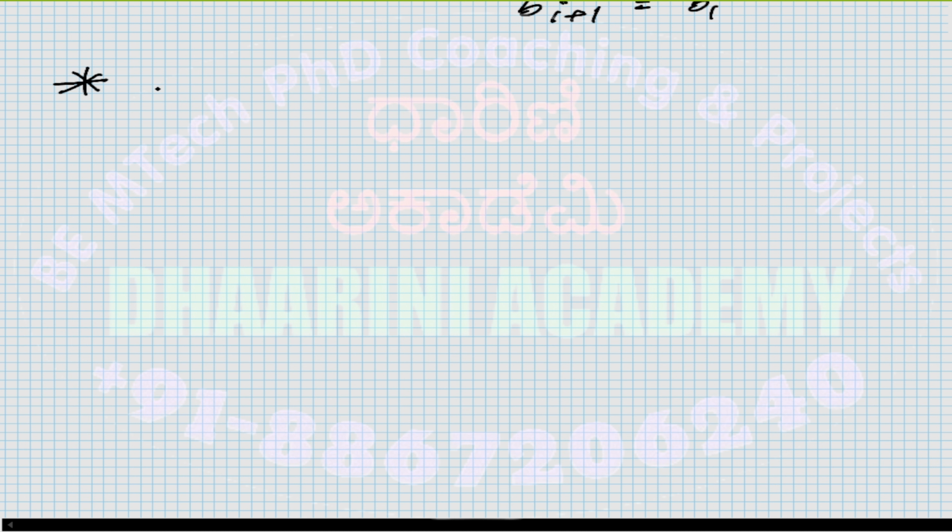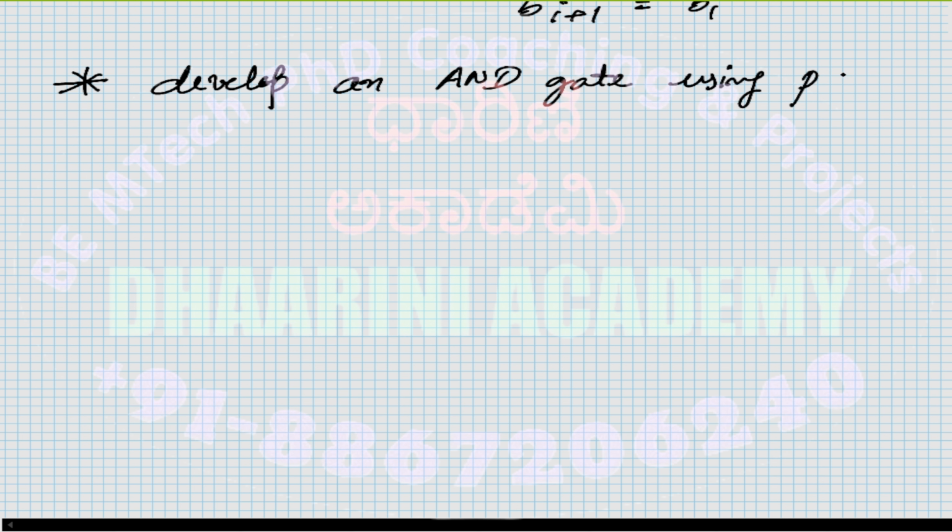This is an example. We'll start with the simplest case, that is, develop an AND gate. This has to be performed by using the perceptron learning rule.